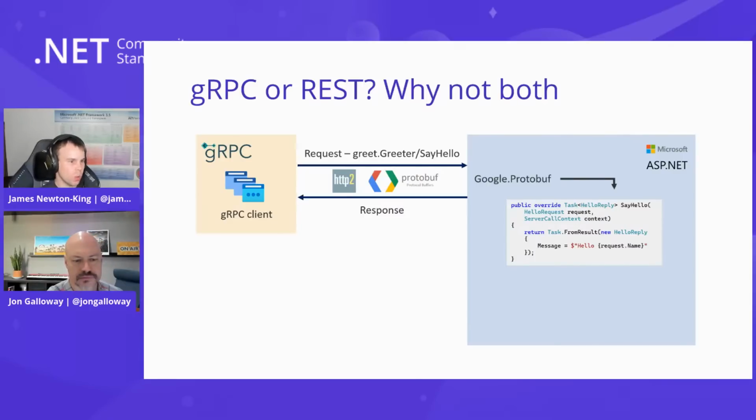A serializer called google.protobuf will deserialize the incoming Protobuf to hello request. It will then invoke the service. The service will then return hello reply. That will get serialized and returned in the response.